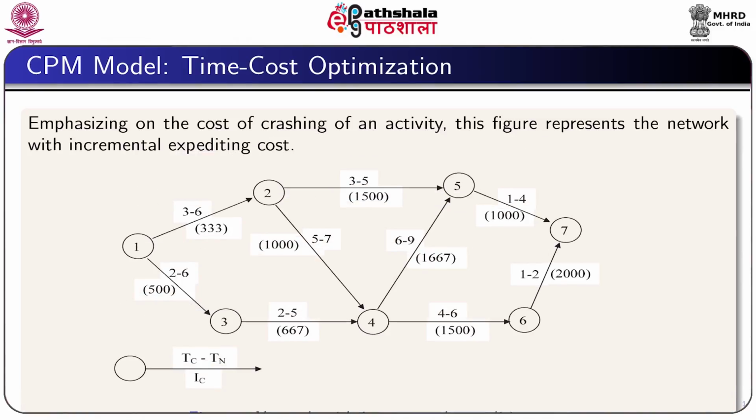Emphasizing the cost of crashing of an activity, this figure represents the network with incremental expediting cost. For the activity 1,2, the incremental cost is rupees 333 for 1 unit reduction of time. Similarly for the other activities as shown in this slide.